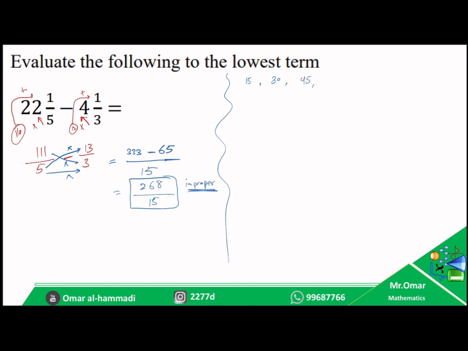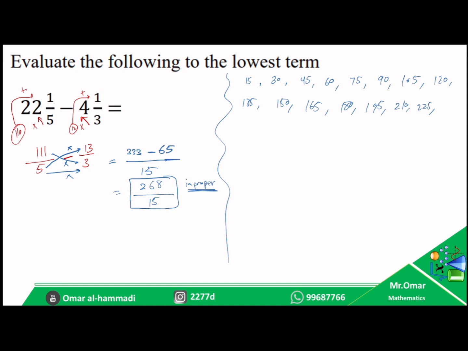Then 60, 75, 90, and also 105, 120, 135, 150, 165, 180, 195, and 210, 225. نتوقف متى؟ لحد ما نوصل إلى قريب ال 268.